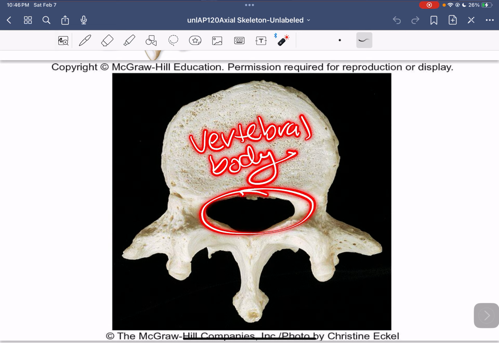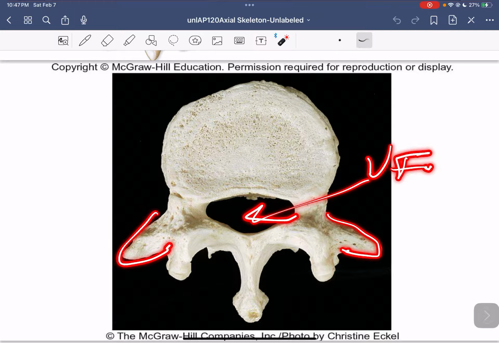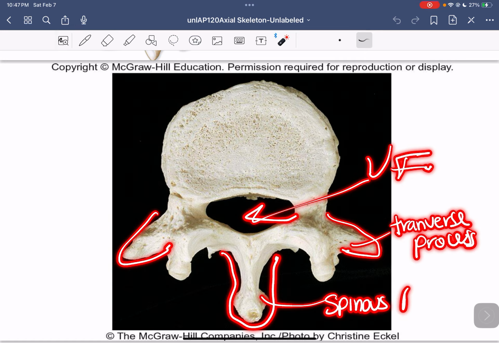Then we have this opening here, which is the vertebral foramen. So again, vertebral foramen, it's right here. These outward projections here are our transverse process. And then we have this part here, which is the most posterior part, which is our spinous process.